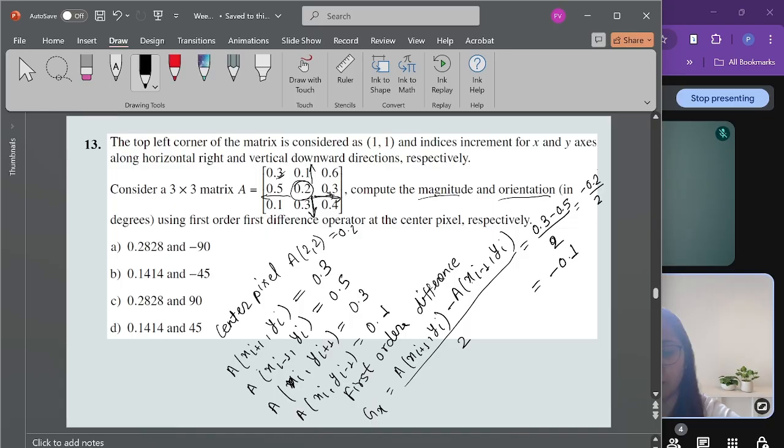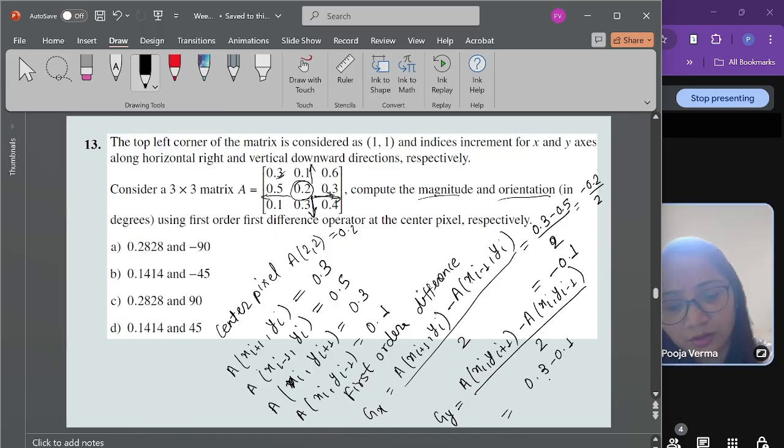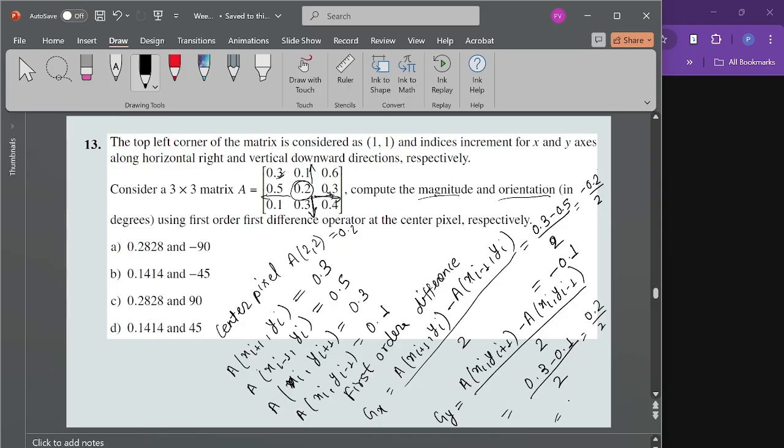Okay. Similarly, you have to calculate for gy. Here for gy, it is A(xi, yi+1) minus A(xi, yi-1), divided by 2. So again, the value is 0.3 minus 0.1 divided by 2. So 0.2 divided by 2. Here you will get again 0.1.